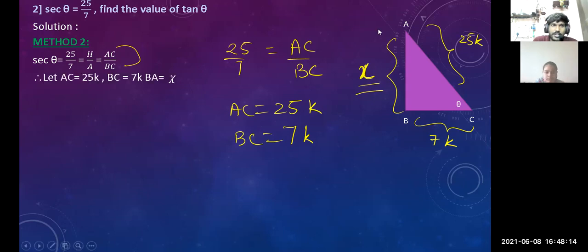Okay, so I'll write here: AC is 25K, BC is 7K, BA is X.